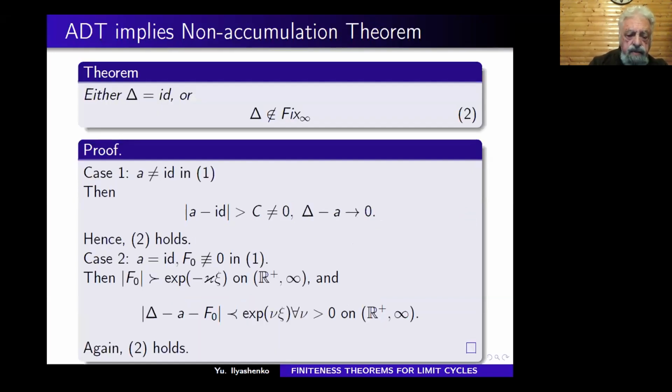The second one is when A is identity, F0 is not identically zero.